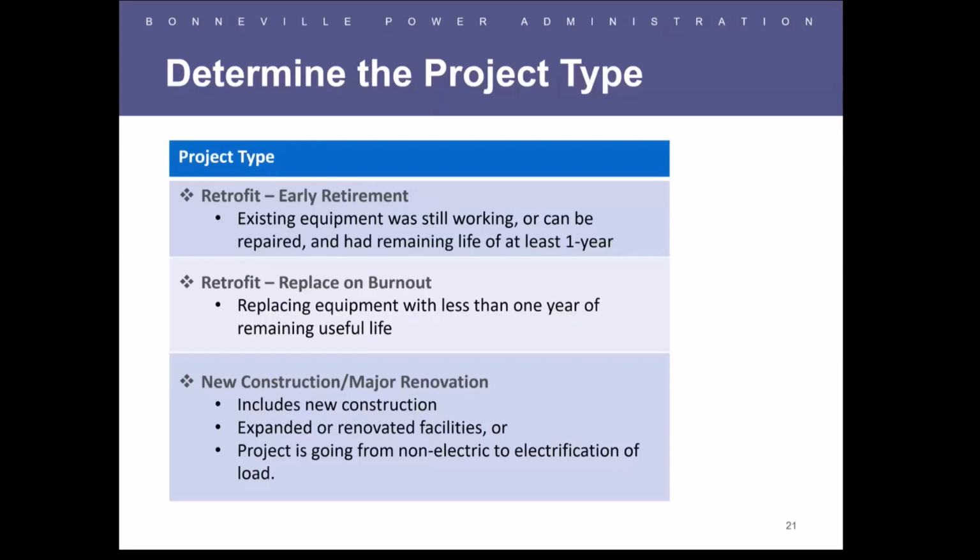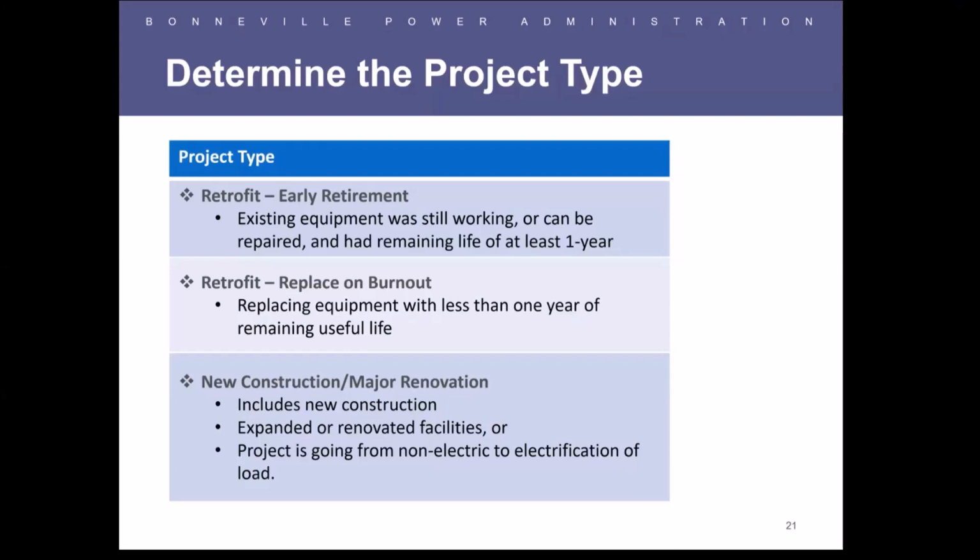Whereas a retrofit replace on burnout is when equipment is failing or has failed, and it is more or less a mandatory replacement because the service life of the equipment has ended. And then the final category is the new construction major renovation, which includes new construction or projects that are expanding, and they may also include electrification projects.